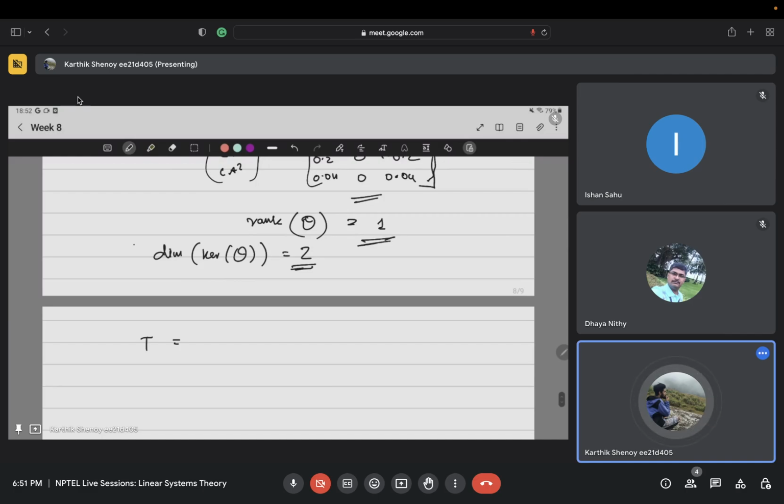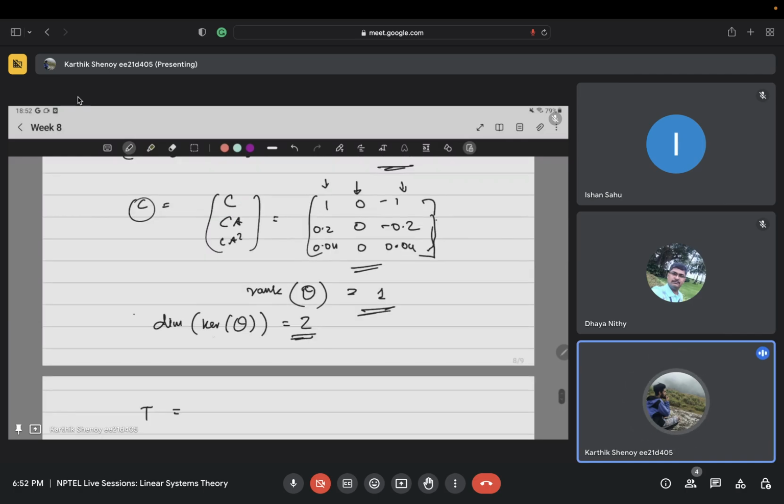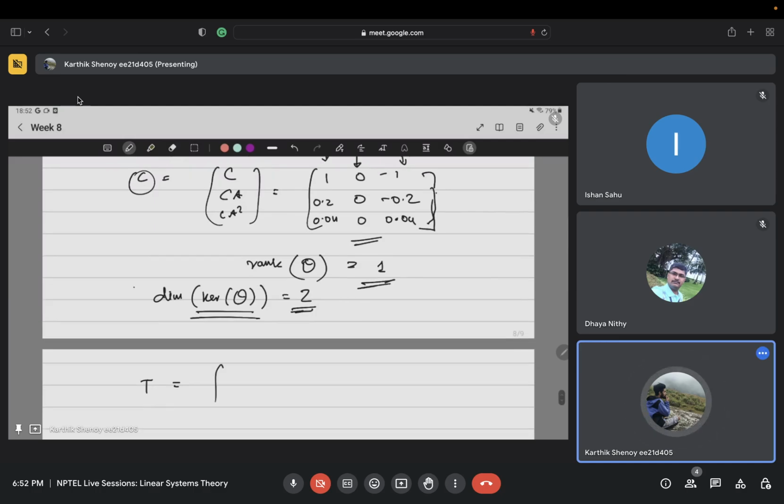For the transformation, you have to pick two vectors in the kernel which are linearly independent. It's very easy in this case. One vector is 0 1 0, correct, because if I multiply 0 1 0 here, it will be 0. And the second vector, what can you think of?